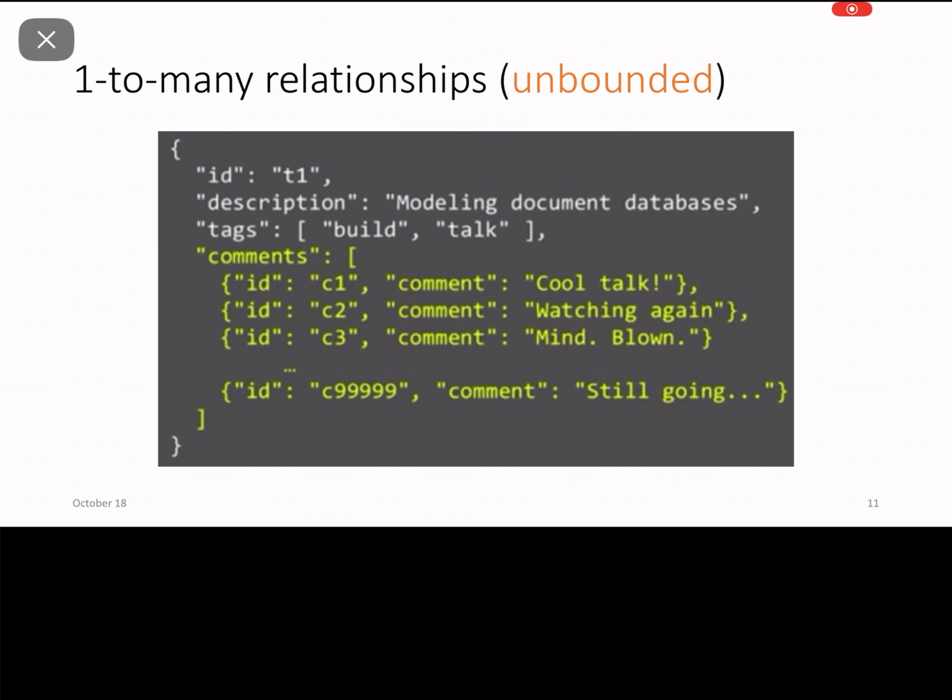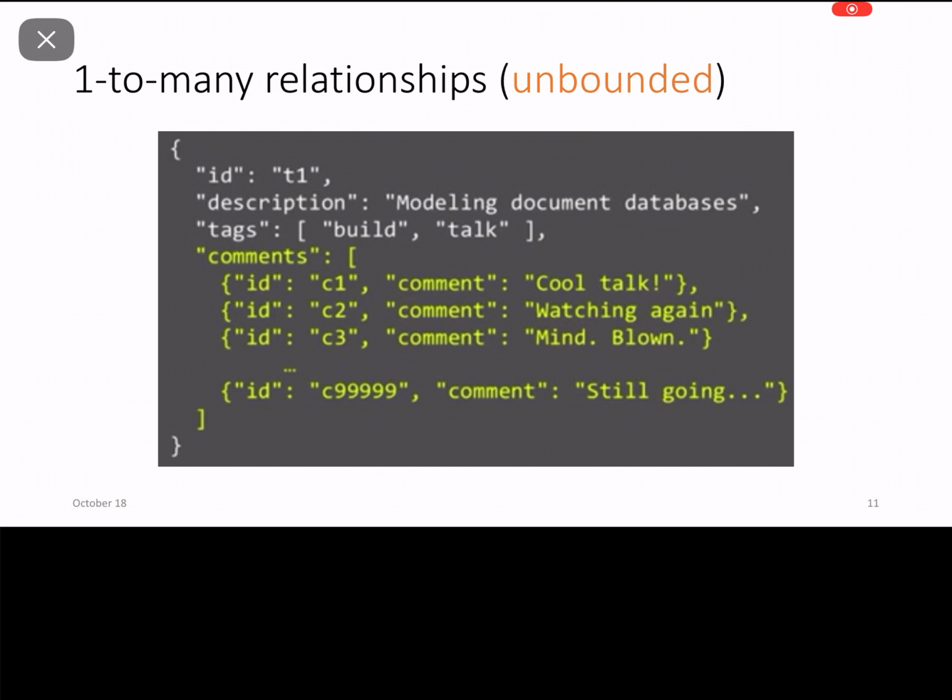So have a look at the code here. In this example, you have a single document, indicated by that single outer pair of curly braces. Let's say this is a video, with the ID T1, and the description of the video is modeling document databases, and it has a list of tags.